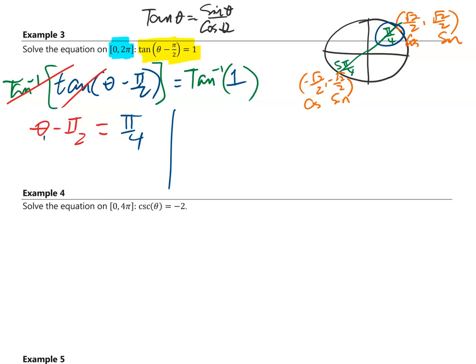So let's say this is theta 1, and then we can solve this. If we add pi over 2 to both sides, we will have pi over 4 plus pi over 2 is 3 pi over 4.